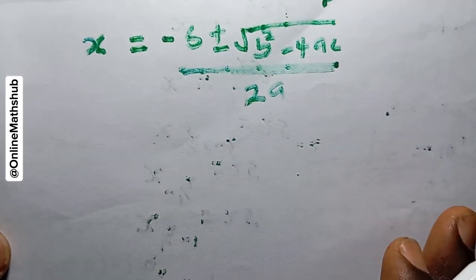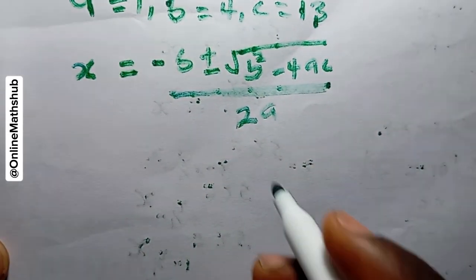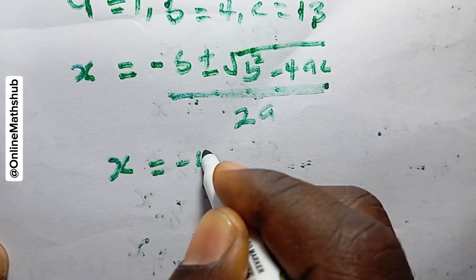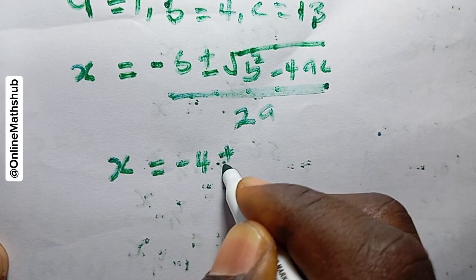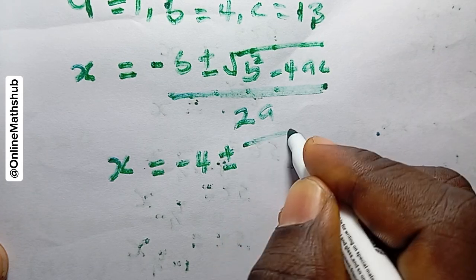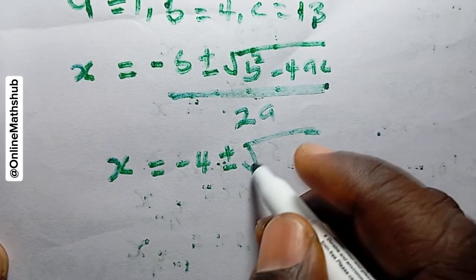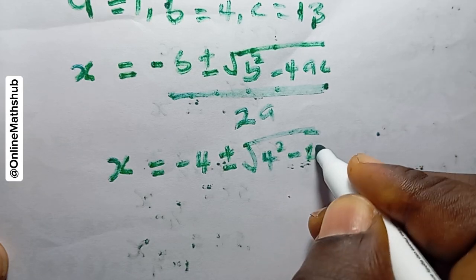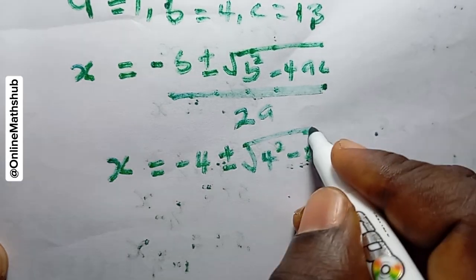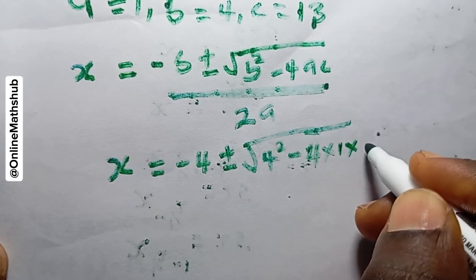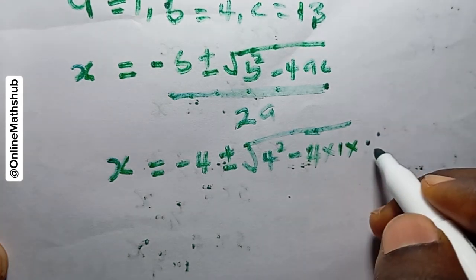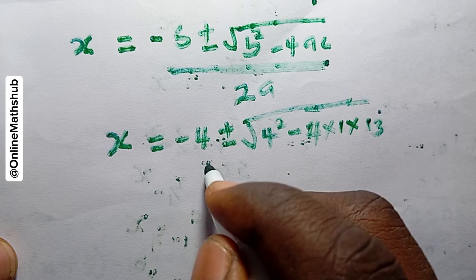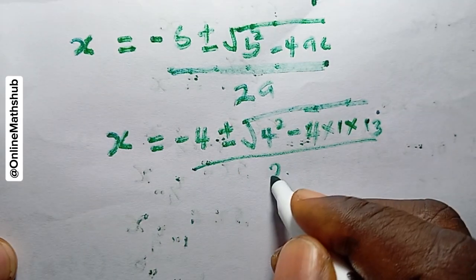If we put in all the values of a, b, c here, x now becomes minus 4 plus or minus the square root of 4 squared minus 4 times 1 times 13, all divided by 2 times 1.